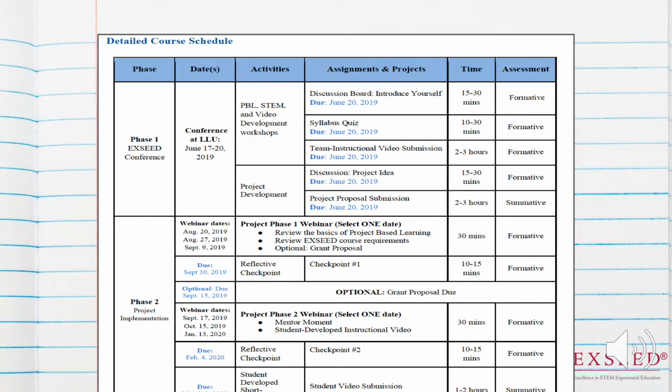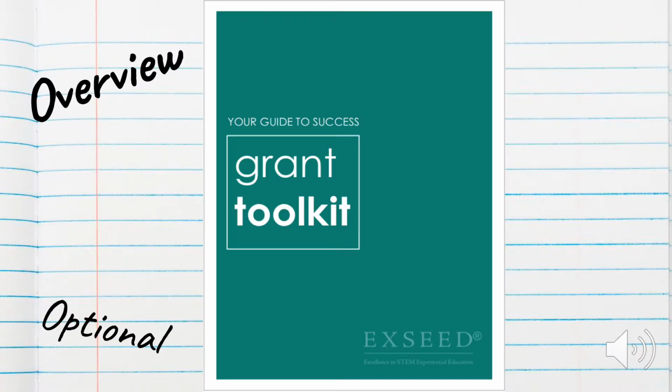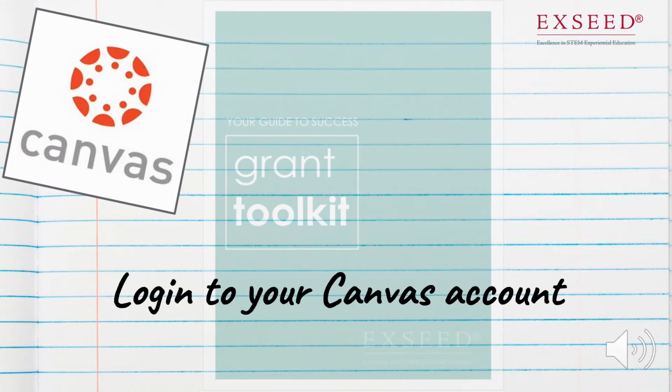We also have the deadline for the grant here, September 15, but we have a couple webinars. Oh, I guess we only have one more webinar to help you along. So I would highly suggest that you fill out your information. You can find it in the grant toolkit in Canvas, and this is optional.